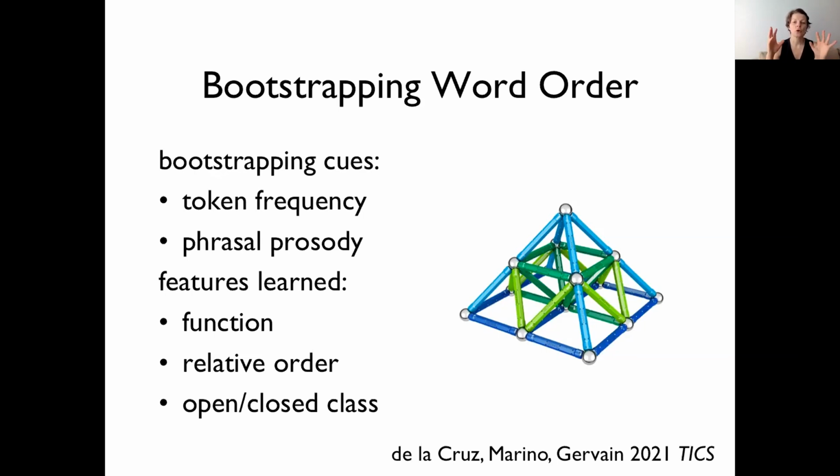They also know the relative order of the two categories very early, and they are also aware, unconsciously, of the open closed class distinction between them. So essentially, very early on, babies know a lot about content words and functors, and they use these two surface cues to identify them.